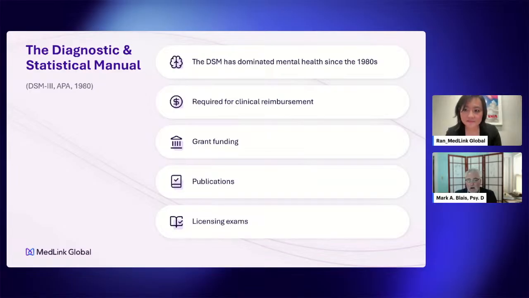Publications almost exclusively have to include some kind of DSM diagnosis. And across all mental health disciplines, social work, master's level therapists, psychologists, psychiatrists, everybody has to understand the DSM, and it's part of the licensing exams.